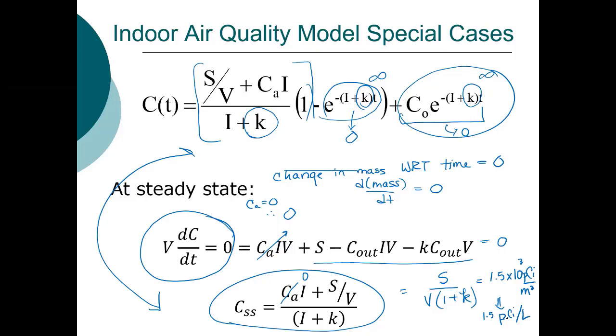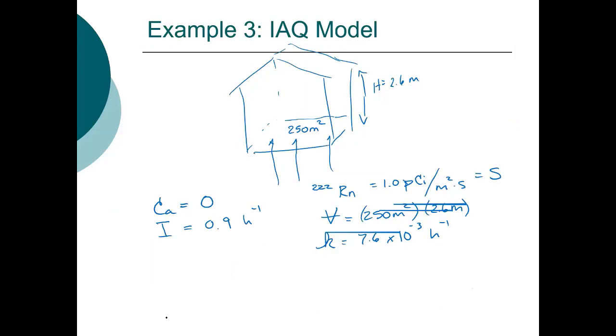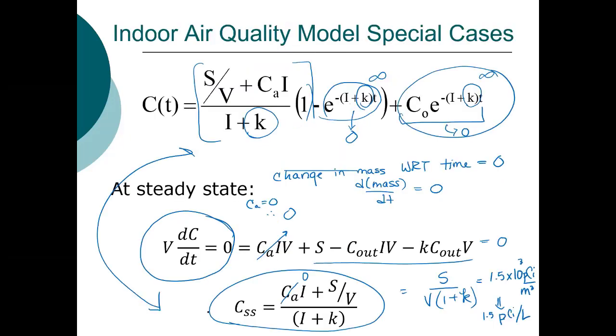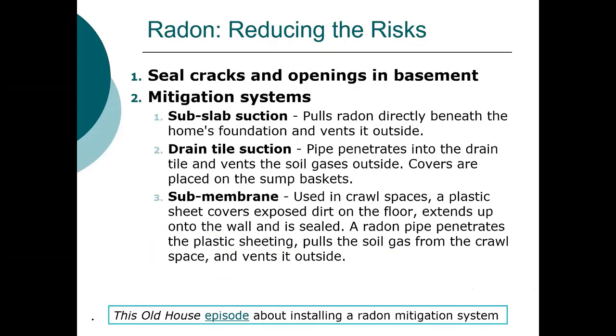So this is just substituting in the equation the values that we have here. Since volume is in meters cubed, it's picocuries per meter cubed, and then we can convert to picocuries per liter. So do we need to do anything? Probably not in this case. If we did, then we can look at mitigating these risks.